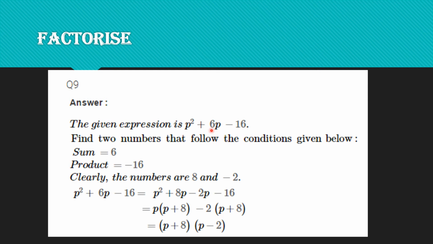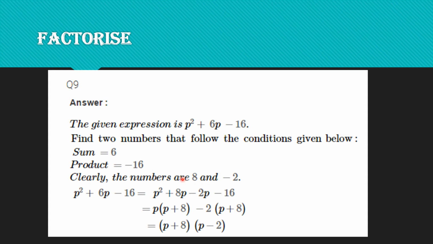Now, it is plus 6p, so the greater integer has to have the sign of plus. So 8 twos are 16. If it is plus 8 minus 2, then 8 minus 2 is plus 6. If you find the product, 8 into minus 2 is minus 16.